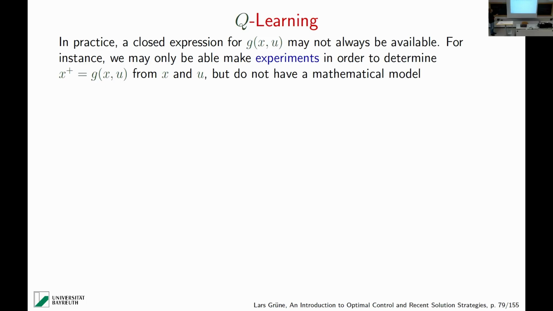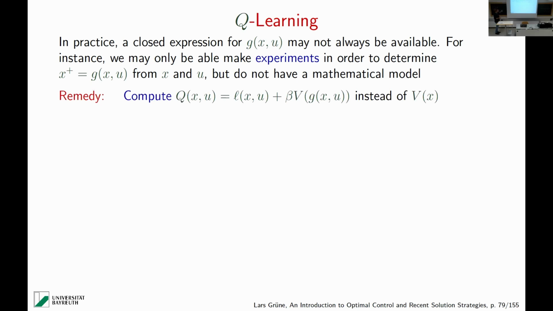For example, we may only be able to make experiments, or we have a simulation software that tells us what's happening, but no formula. It may be very costly to evaluate, and there may not be a formula that you can use. So instead of computing the optimal value function, you compute the so-called Q function.